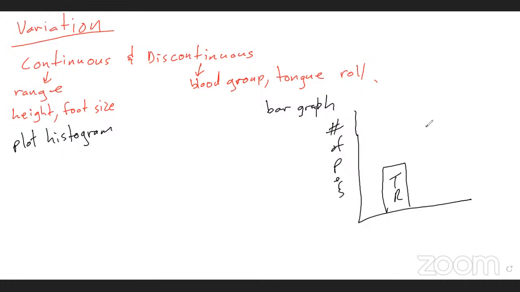I just want to show that with discontinuous variation, you're placing them in distinct categories. So any form of chart that shows distinct categories, you can use it. Clear?